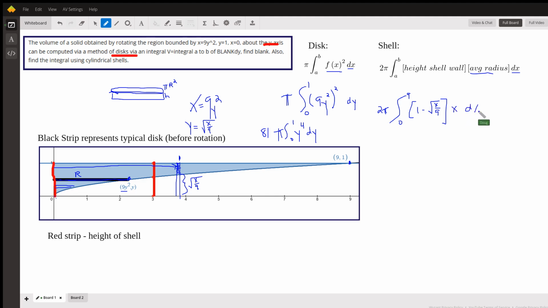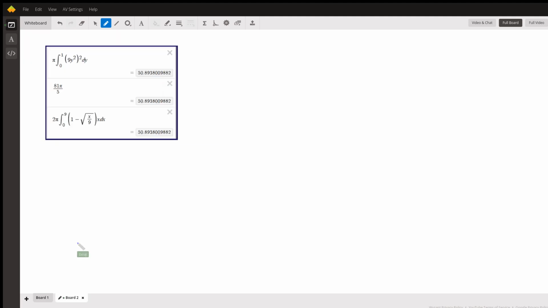So there's your two integrals. Here's what they look like. This integral evaluates to 81 pi over 5 and gives us this decimal approximation. And 2 pi integral from 0 to 9 of 1 minus square root of x over 9 times x dx, same thing. So both the disk and shell methods give the same answer.